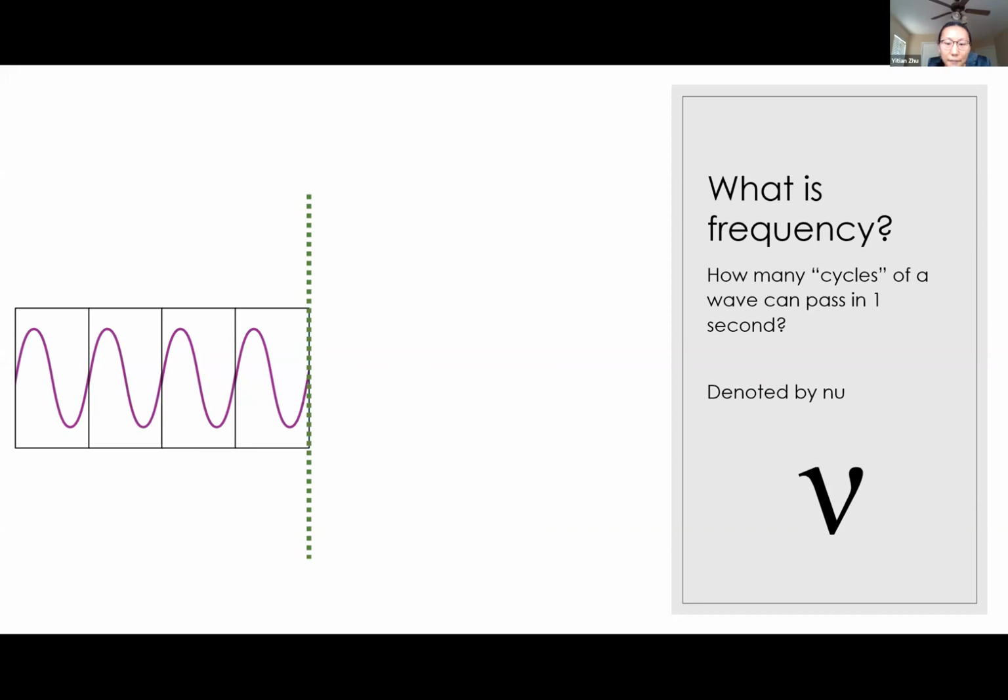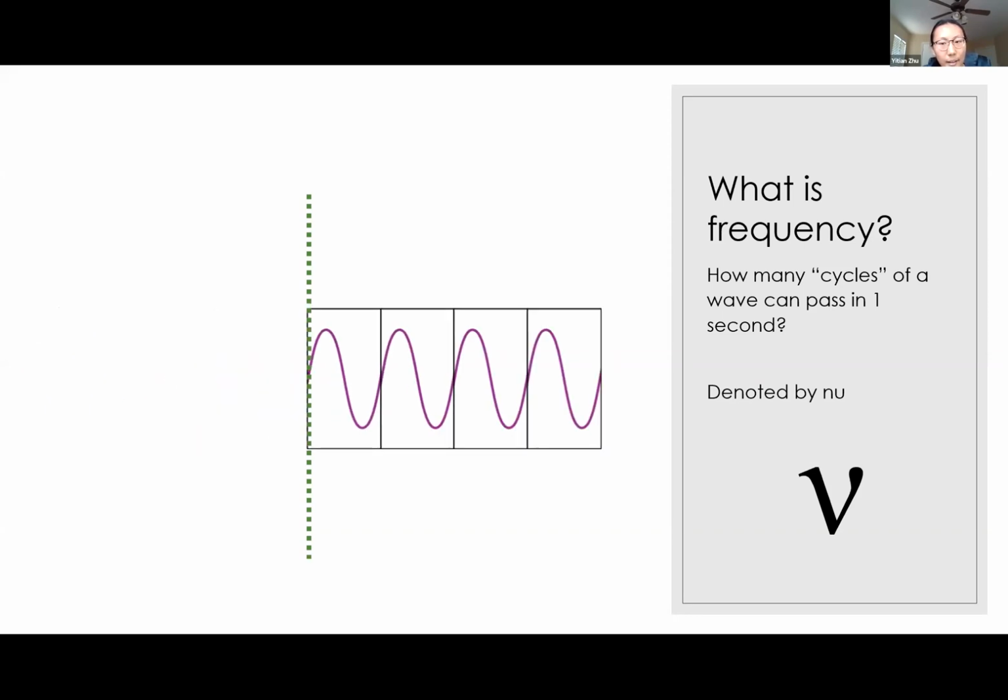So if you look on the diagram to the left, I have these 4 cycles of a wave. So 4 units, that's 1 point, which is a green line. Okay, show you again. In 1 second, 4 cycles passed 1 point. So because of this, the frequency is 4 in this example.